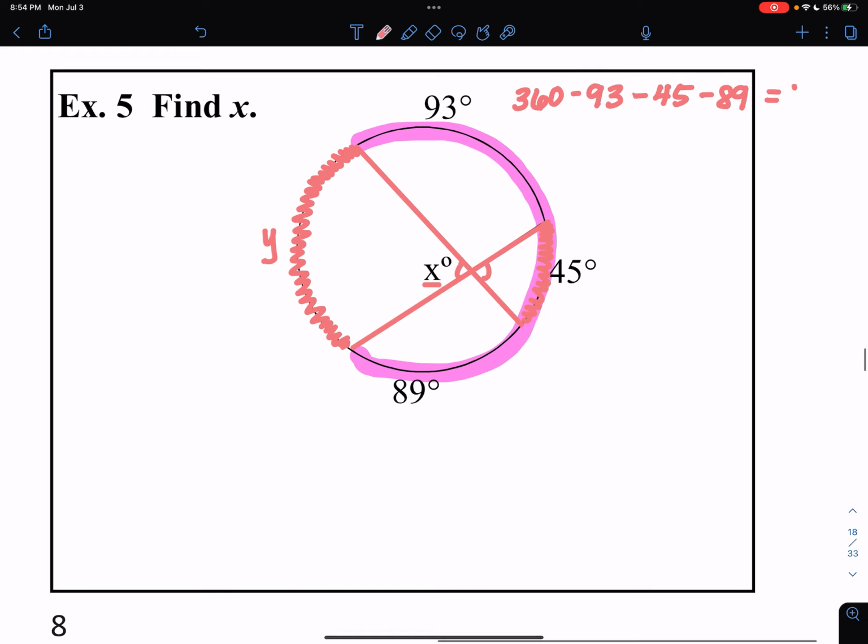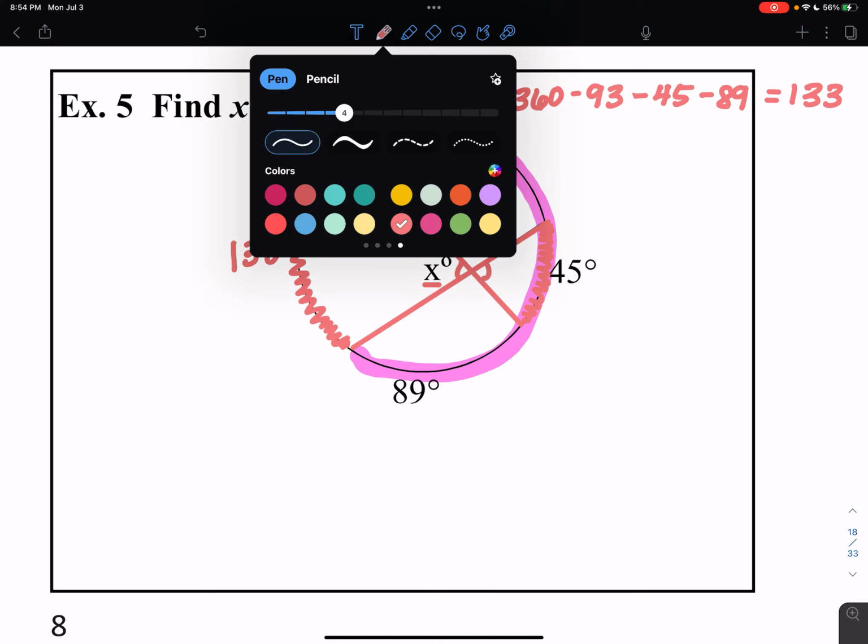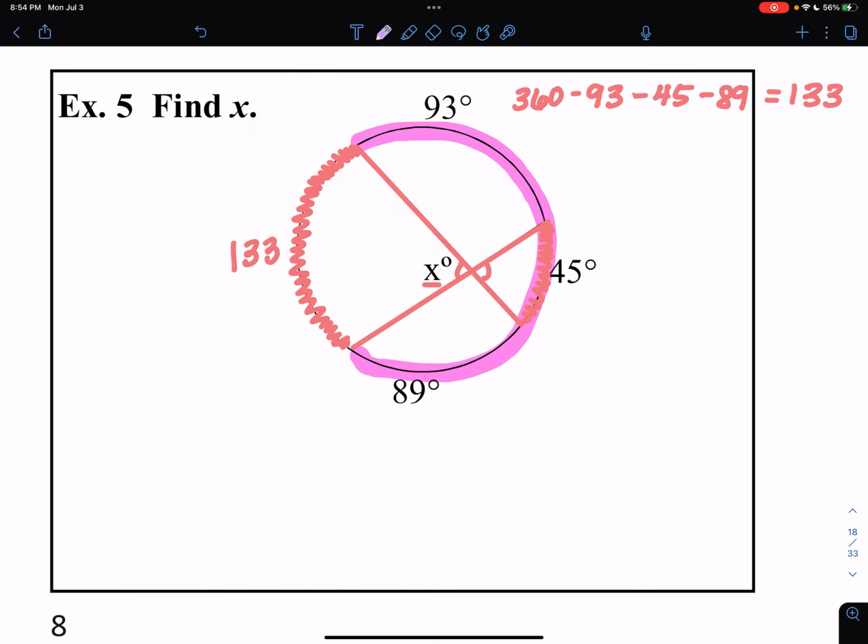That leaves us with 133 for our missing arc. Once I know my missing arc, now I can plug into that new formula that we learned, right? Remember, x represents the angle, and 133 and 45 represent arcs. So we can do x equals 133 plus 45 divided by 2.